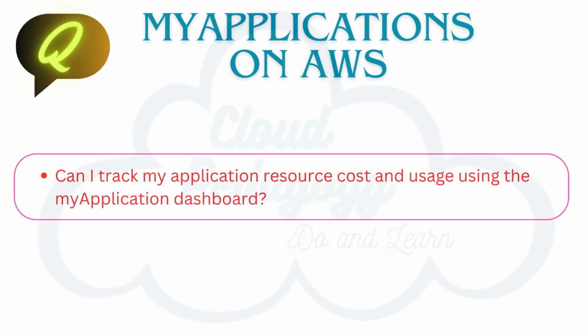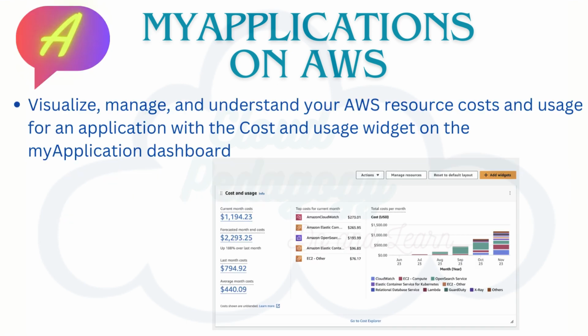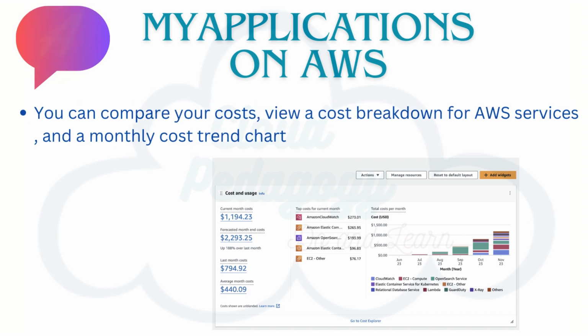Next question, can I track my application resource cost and usage using the myApplications dashboard? You can visualize, manage, and understand your AWS resource cost and usage for an application with the cost and usage widget on the myApplications dashboard. You can compare your current and previous month's cost, and view the cost breakdown for AWS services used by your application.